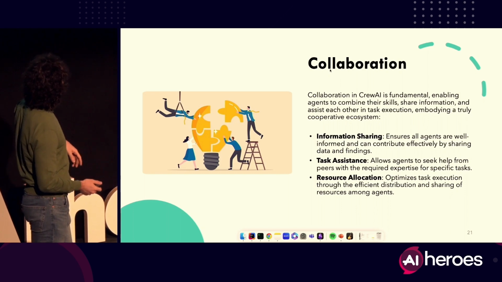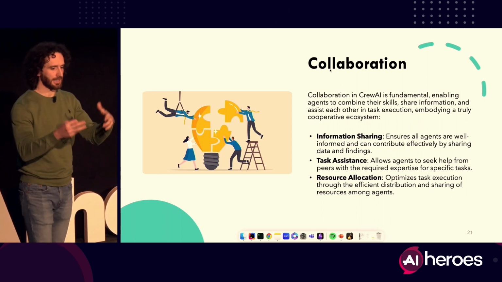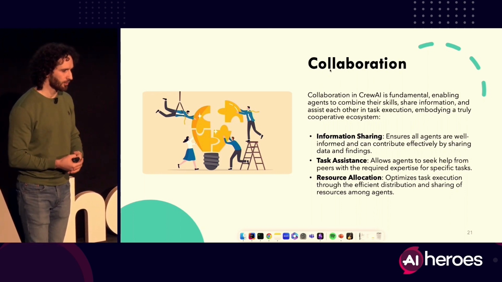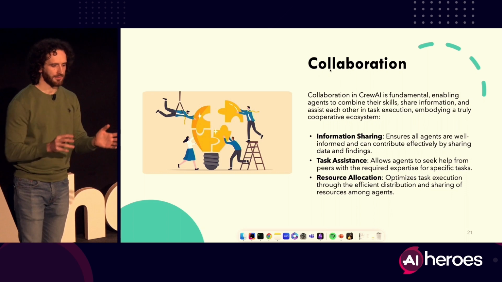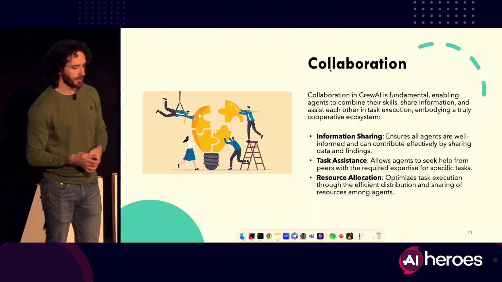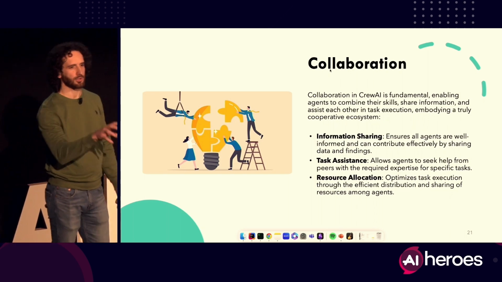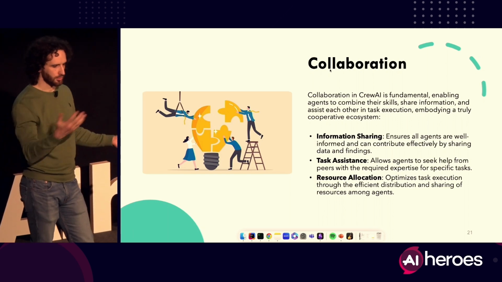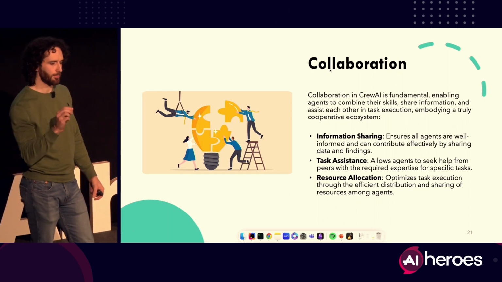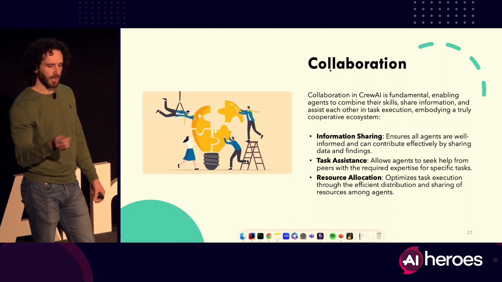Then collaboration is, of course, a very important part of multi-agent orchestration. And why do I have a slide about this with no code? Because the code about the collaboration, if you look into the library, is complicated and also out of scope here. What's important is that you don't have to do it.